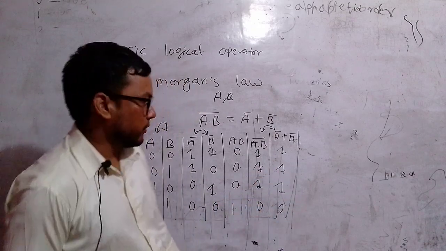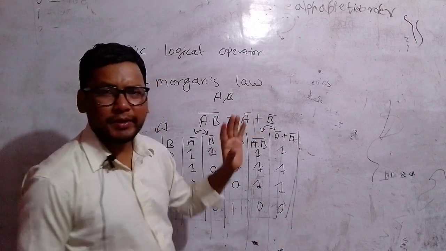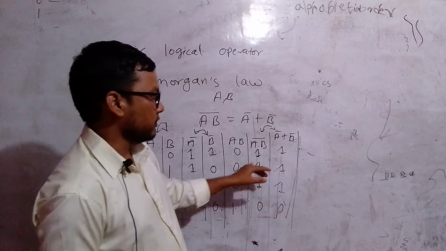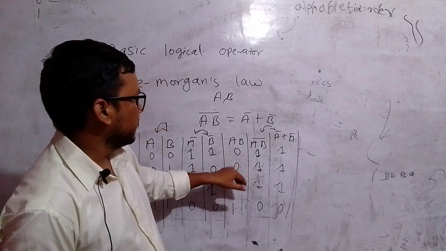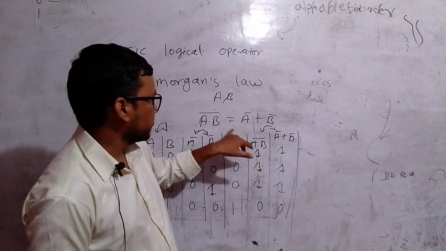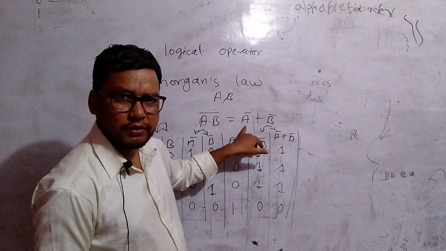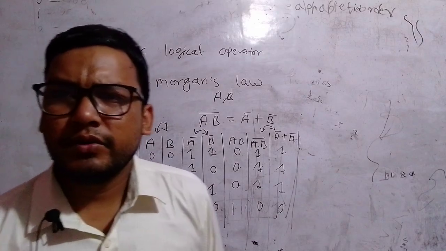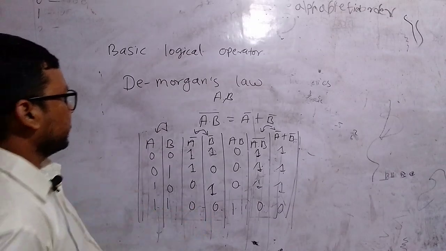The same thing happens for three variables, and for four variables also; we can draw the table for three variables. That means we have verified this De Morgan's law using a truth table. Similarly, the other rule we can also verify using the truth table. Let's see.